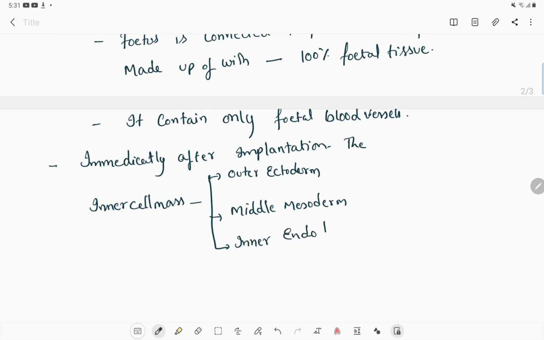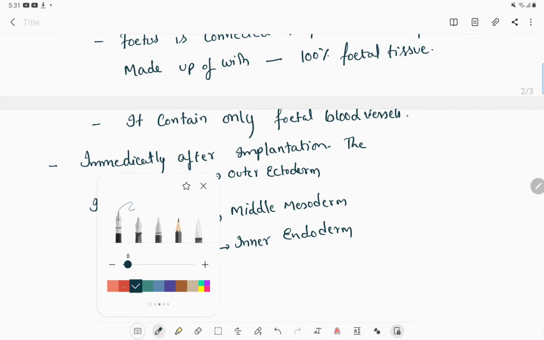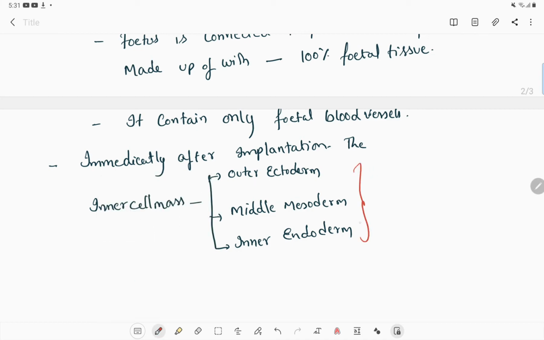So it is differentiated into three layers: outer ectoderm, endoderm, and mesoderm. All these three layers give rise to different tissues and organs.